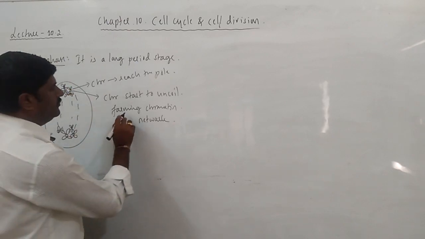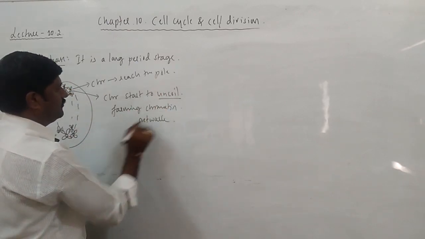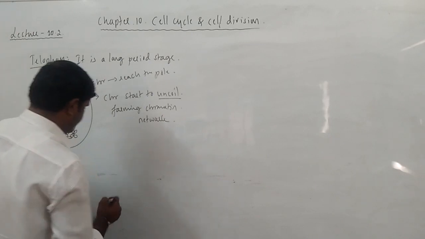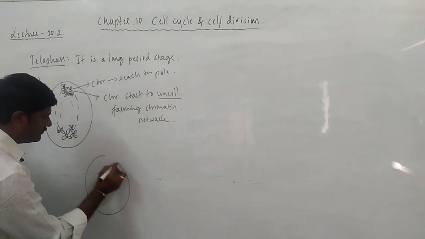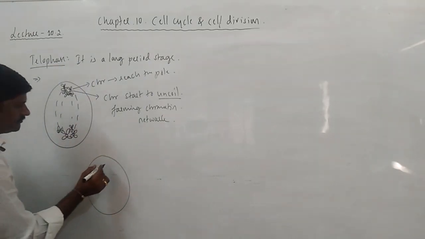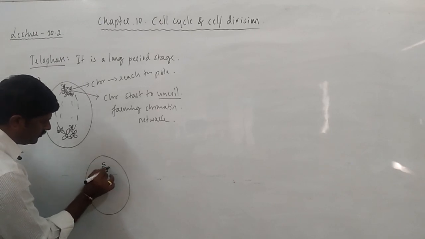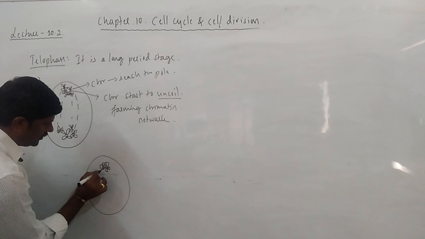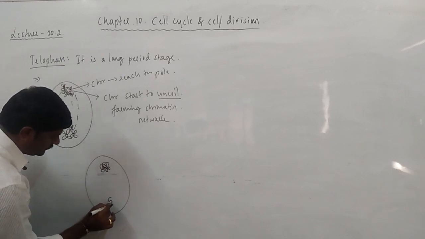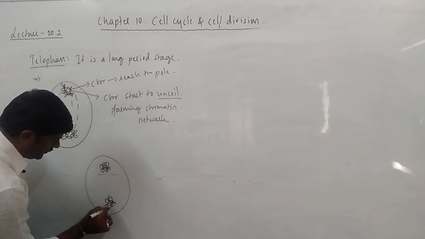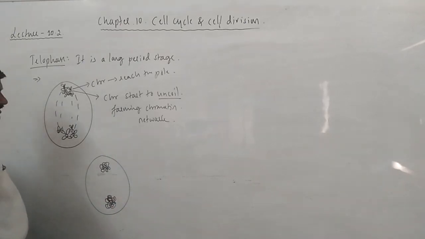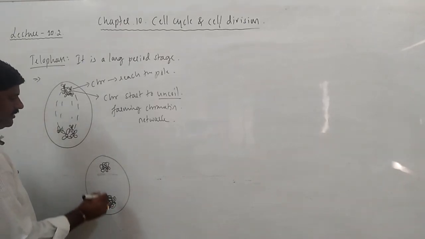They start to uncoil to form the chromatin network, in the sense that this is the cell in which the chromosomes start to uncoil, forming the chromatin network itself.